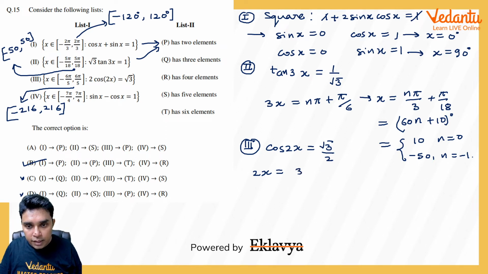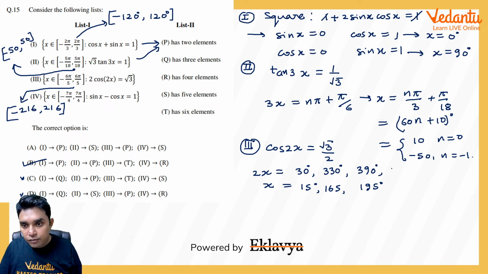2x will be equal to 30 degree, or it can be 330 degree, it can be 390 degree also, and some higher values also. But if I take x, then it will come out to be 15, 165, and 195. But if I go further, it will be 720 minus 30, that means 690.